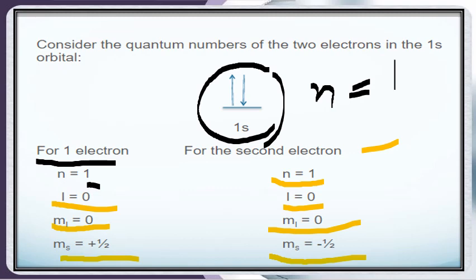Now, if they have to stay alone, for example if I have only one electron in this 1s orbital, as in hydrogen, then it can have either arrangement, moving clockwise or anti-clockwise.